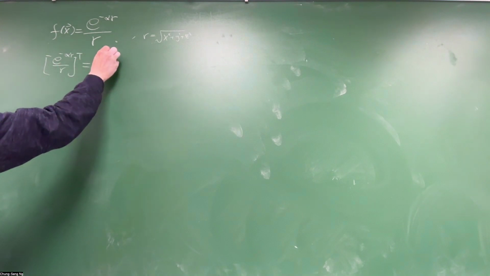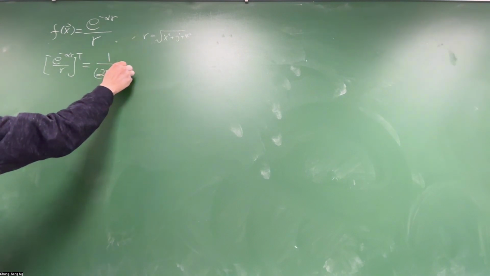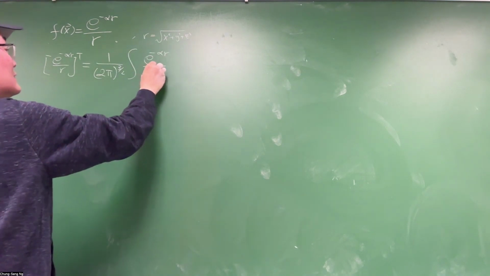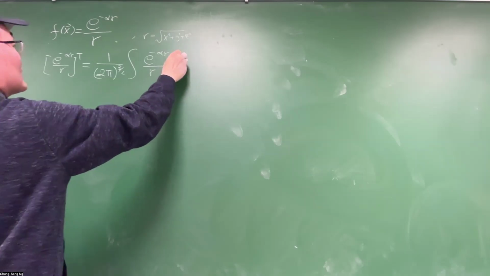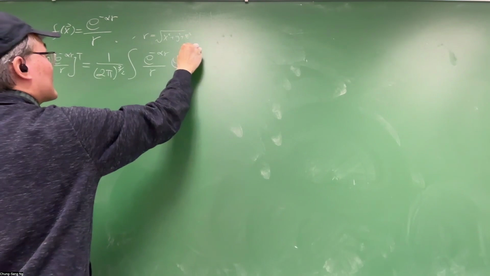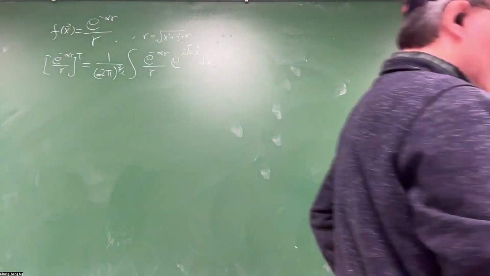It's just like what we did before, with the 2 pi factor, and you put it in a spatial integral of this function, and then multiply by e to the minus i k dot x. That is what you can do.